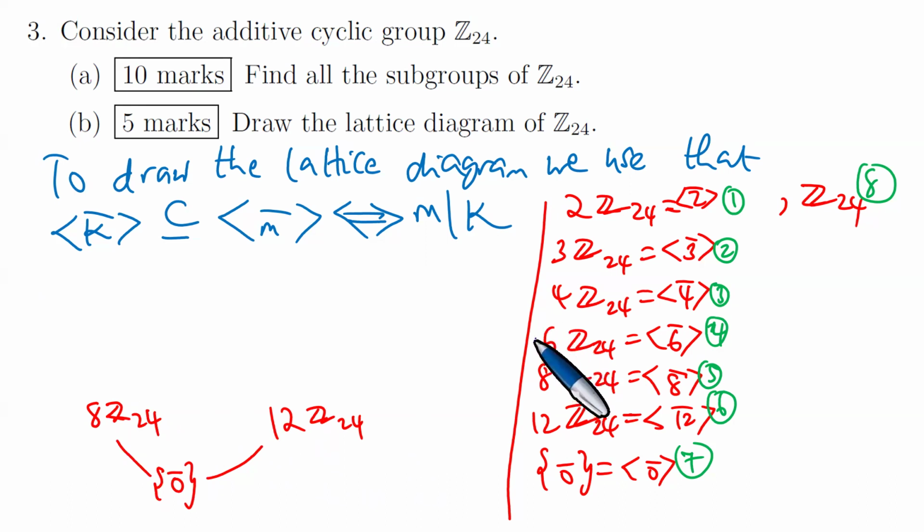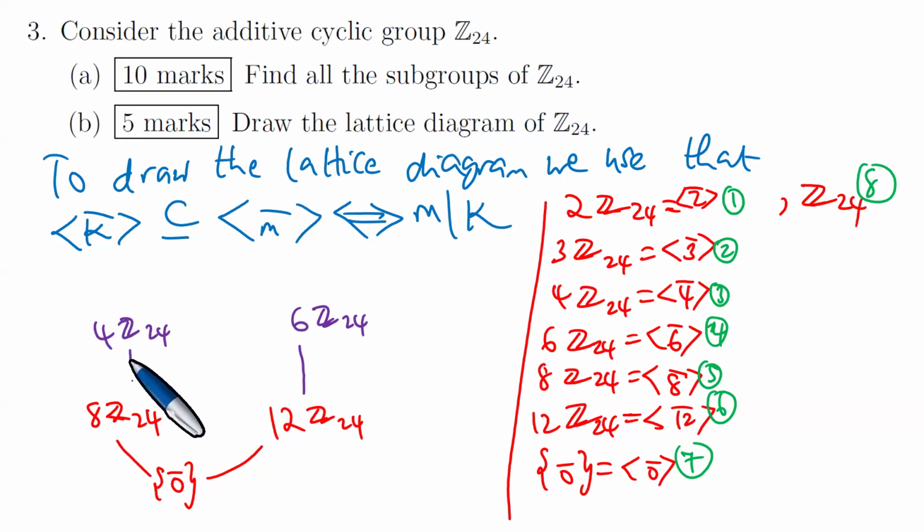Next. So we also have here, if we position 6 in Z24, and you also put 4 in Z24. Right?